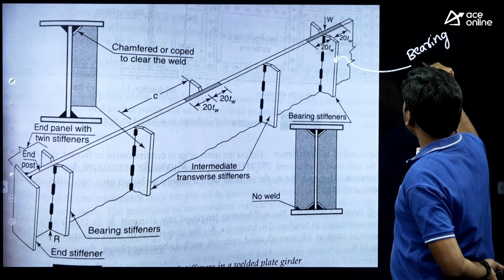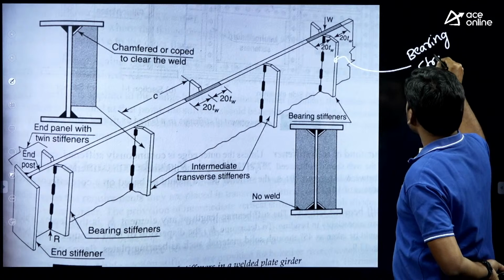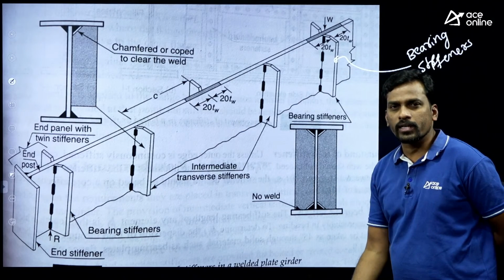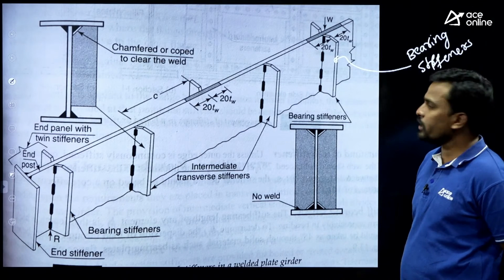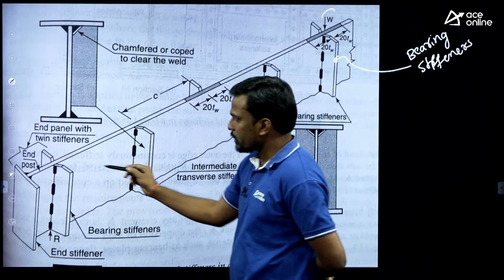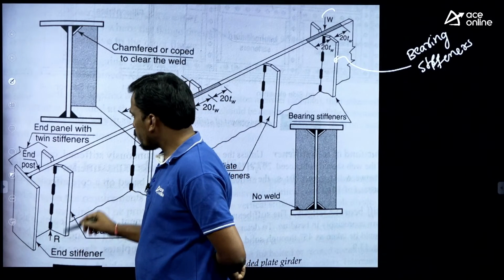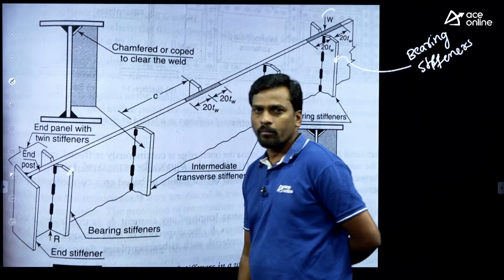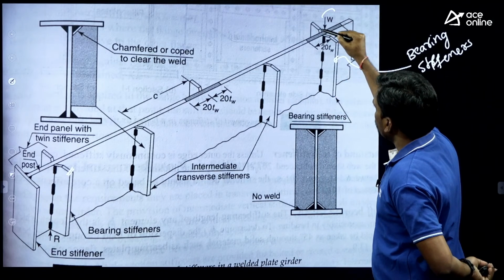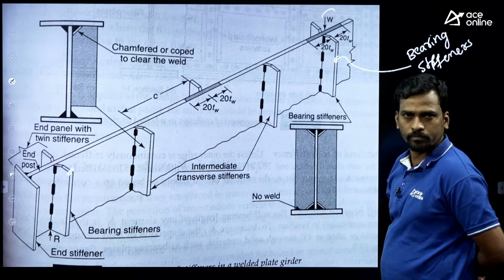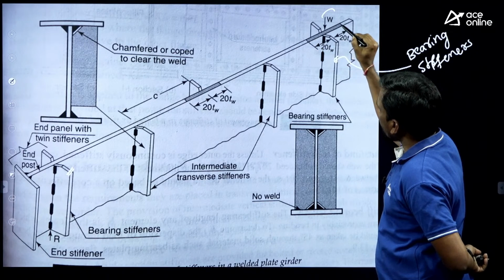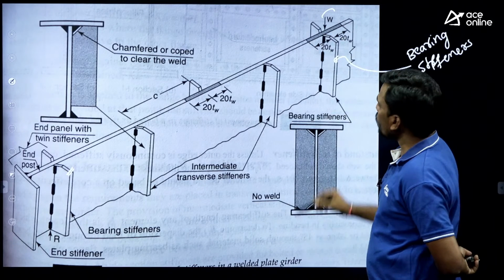I gave two types of bearing stiffeners. One is the load bearing stiffener, another is the end bearing stiffener under the concentrated load. Now this is the load given, and this is called the load bearing stiffener. At the end, that is at the support, it is called the end bearing stiffener. If you use the bearing stiffener, some portion of the web acts as a stiffener only.